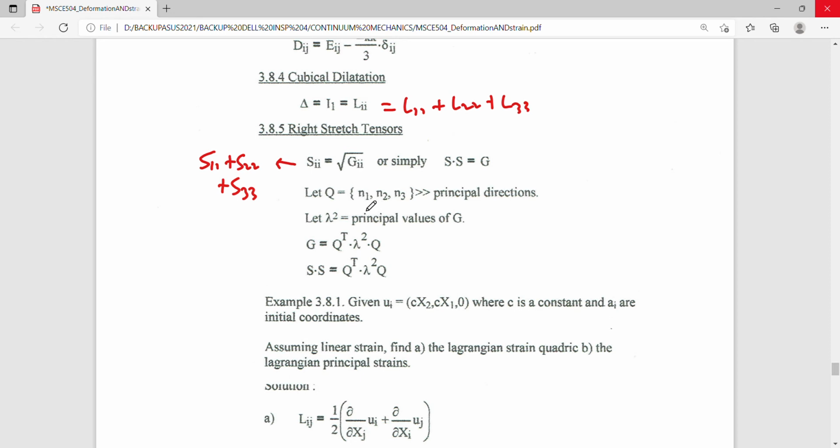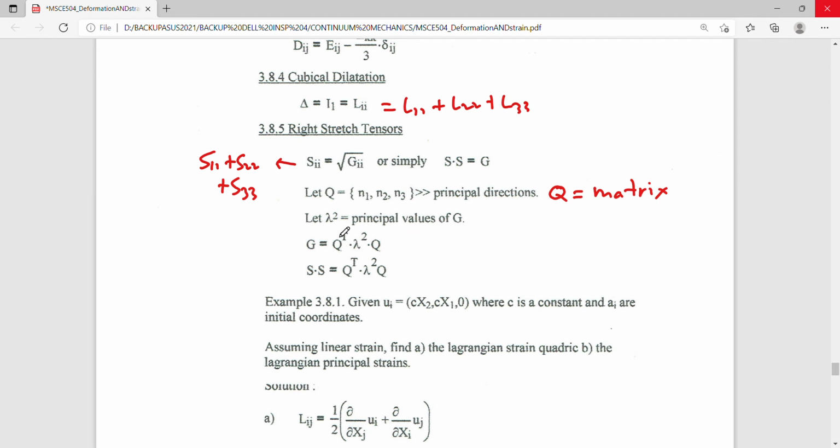And take note that Q can be expressed now in terms of the three principal directions. So this becomes now a matrix. Okay, so because n1, n2, n3 are vectors of 3 components, therefore this is a matrix of 9 components.